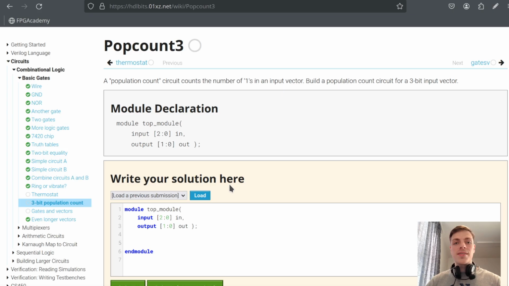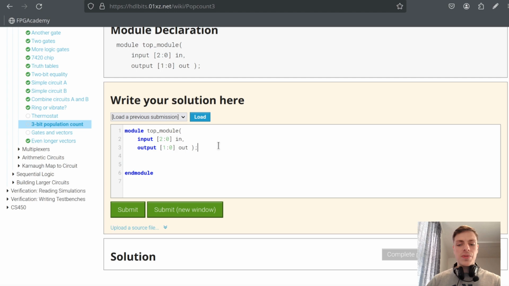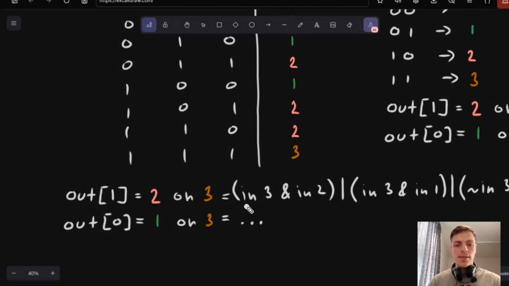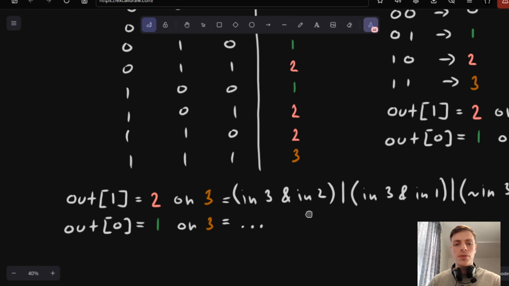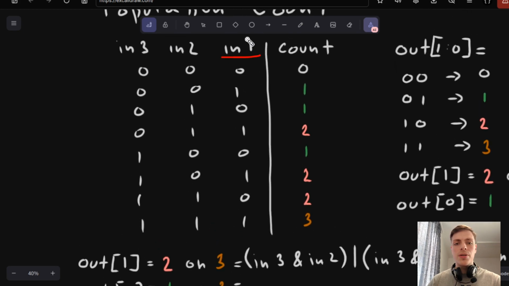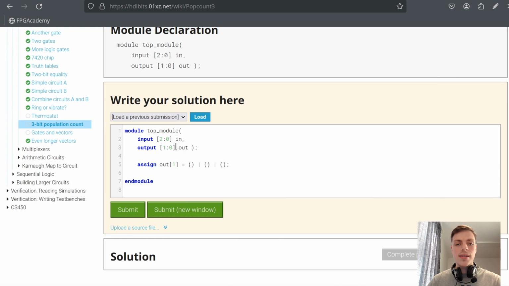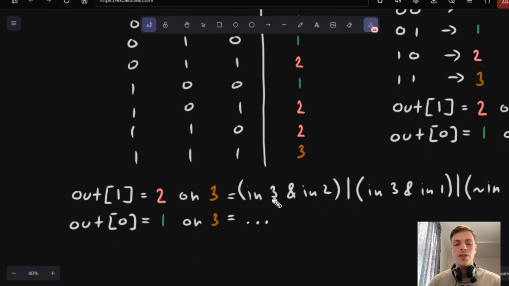And finally, let's try to solve it. So first we will do out1. So assign out1 equals to, and I will write all of the 3 rows here. The first row is in3 and in2, and I'm starting here from 1, but in the assignment we start from 0, so I'll have to reduce the numbers by 1.